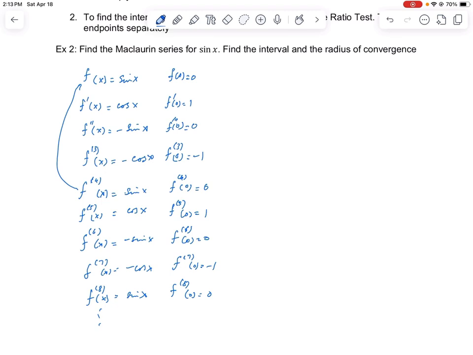Every odd derivative is nonzero, but the even derivative is giving us 0.